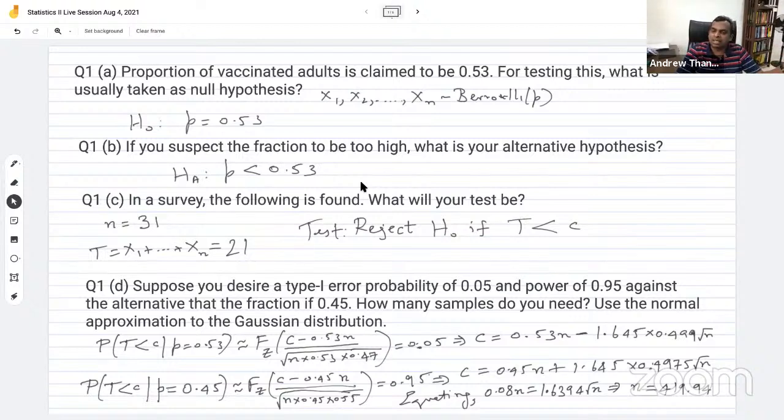You can make the test statistic (x1 plus ... xn) divided by n. It's not wrong. The test statistic actually has a Binomial(n, p) distribution, isn't it? And if that is less than c, I'm going to reject null. This is my test.